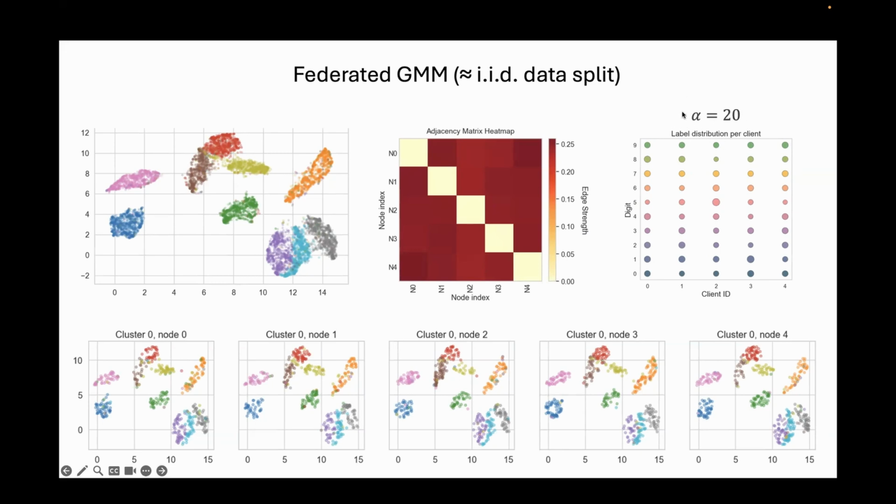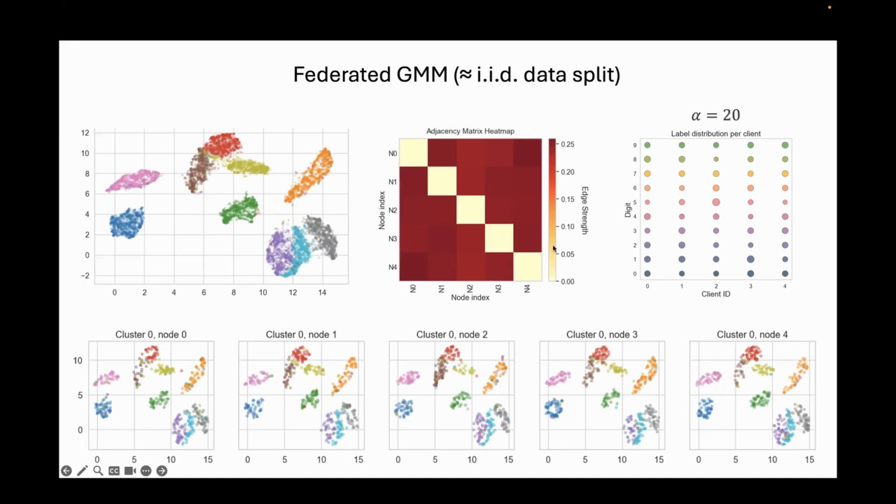So the higher alpha, the more similar the local data sets. For example, here is a schematic illustration. We have a client ID and we have digits. And the size of this ball corresponds to the number of data points belonging to a certain digit. So we can see here that the way the data is split is, if we can say, approximately IID.